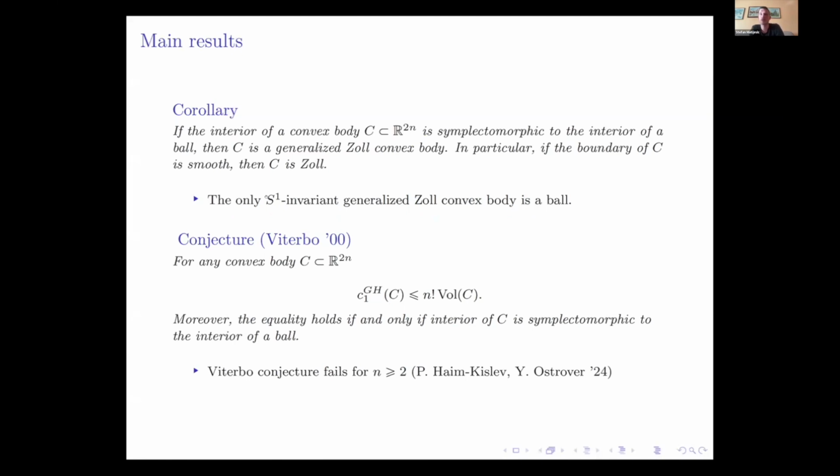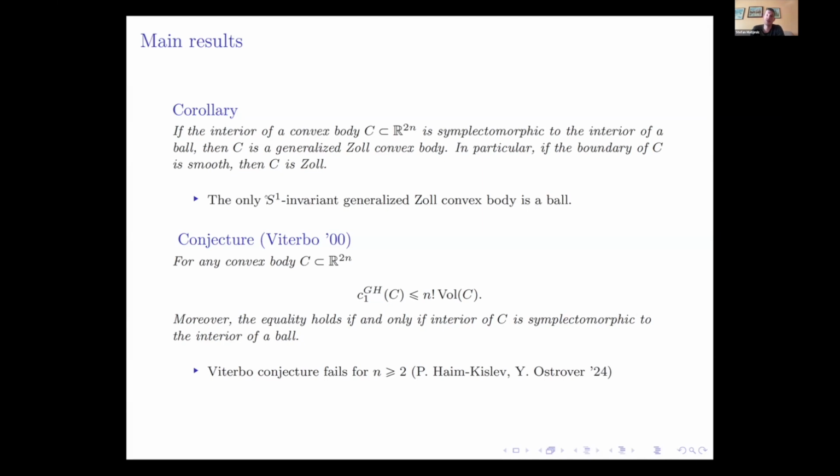So one cannot even tell, for instance, a natural question would be whether at least through every point a systole passes or something like this. At this point, one really does not even understand the dynamics on the boundary. But if one understands that, maybe this is true. I don't know, because that would probably help to prove that the interior of a generalized Zoll convex body is symplectomorphic to a ball.